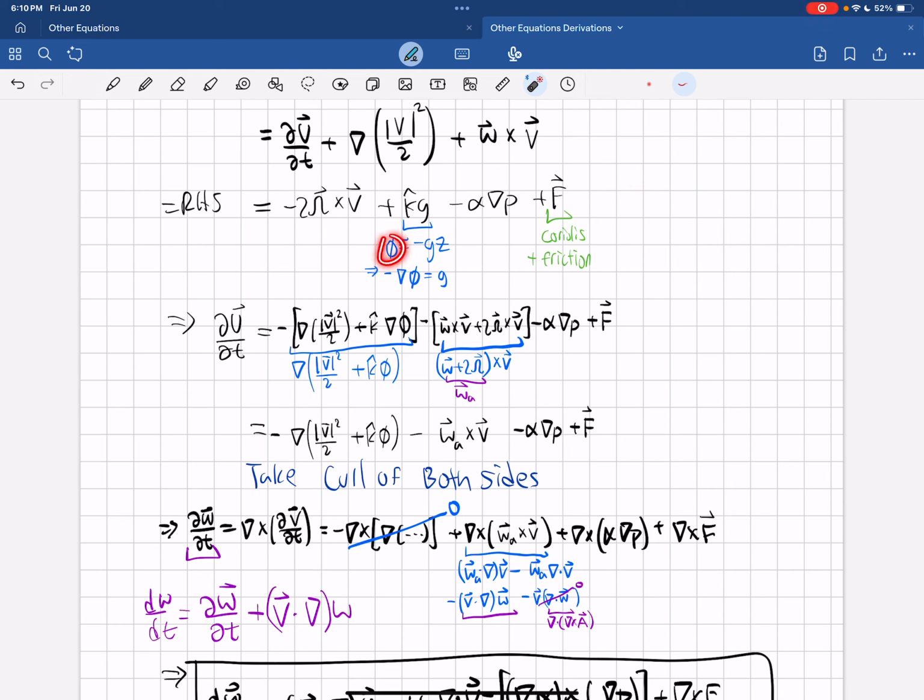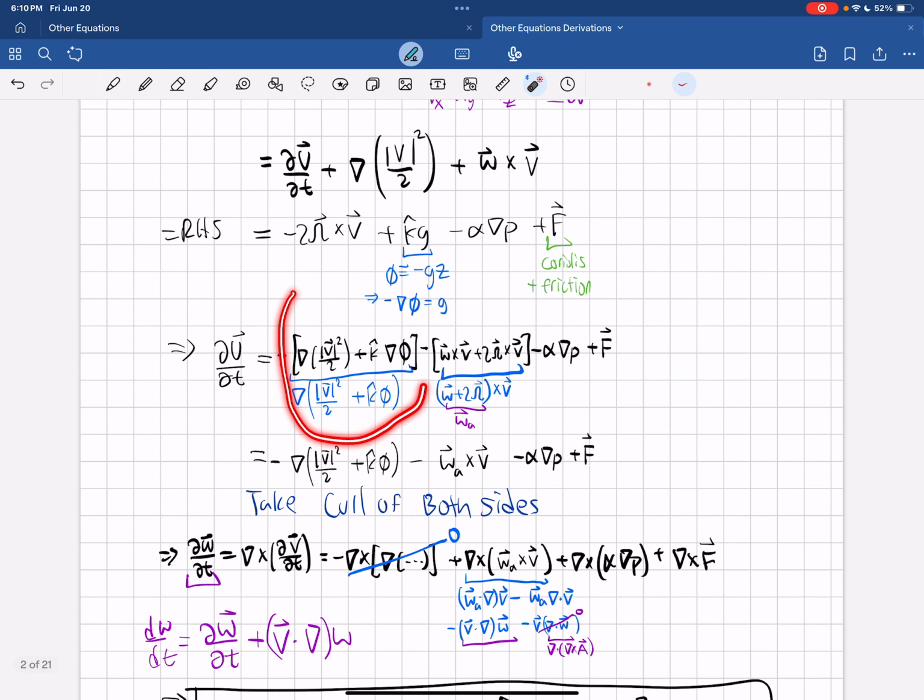If you take the negative gradient of geopotential, that is just gravity. Also, this gradient term and this gradient term, you can distribute the gradient: the gradient of A plus B equals the gradient of A plus the gradient of B. So I can combine that into one term. Additionally, this term and this term, subtracted to this side, I wrote together, and you can take the cross v.